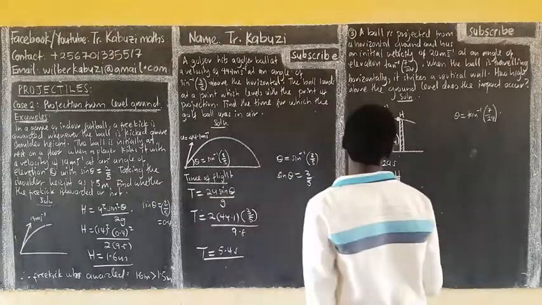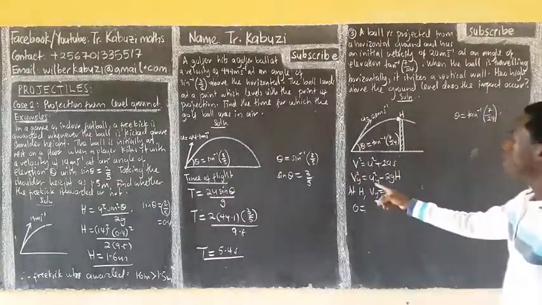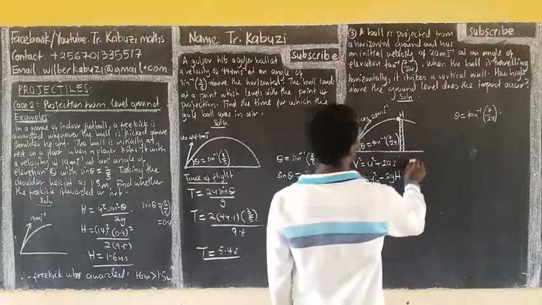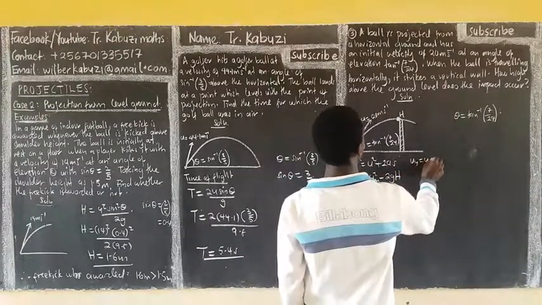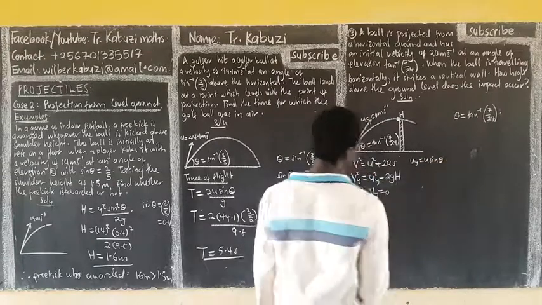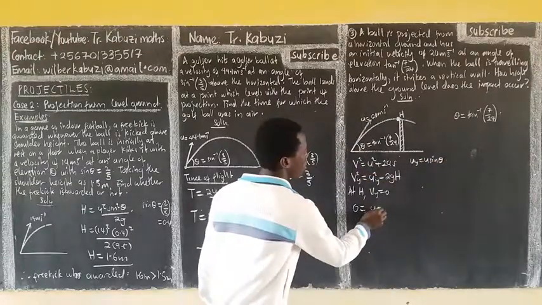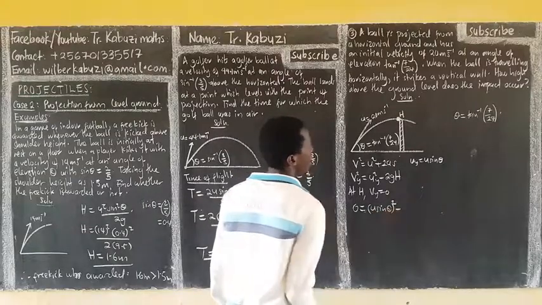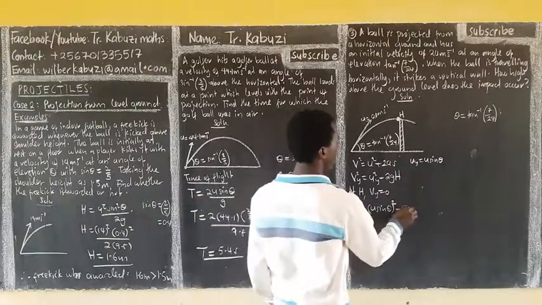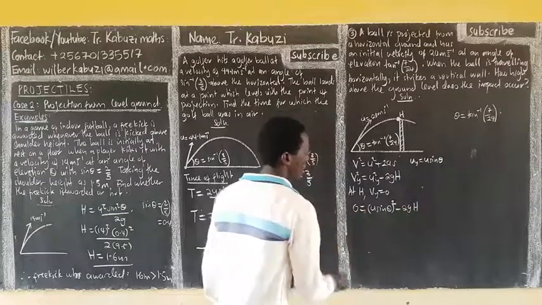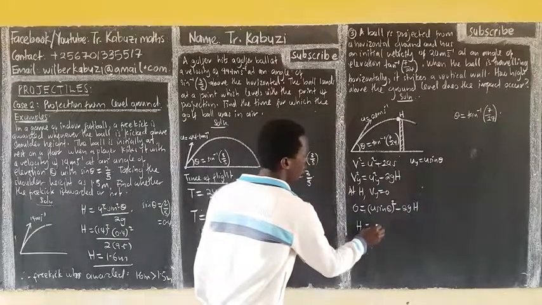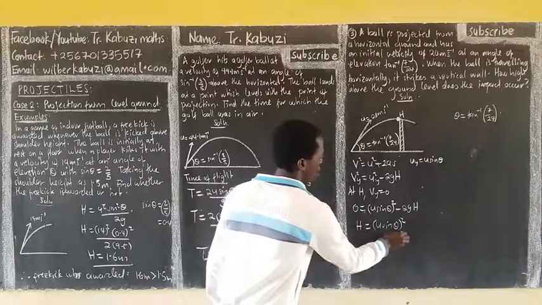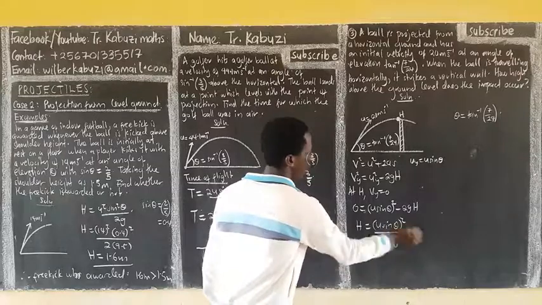So putting it here, I have 0 equaling u y squared minus 2 g h. Remember, our u y is given by this. Hope you remember it. Our u y is always given by u sine theta. So you have now u sine theta, the whole squared, then minus 2 g h, and from here my h would be equal to u sine theta, the whole squared over 2g.